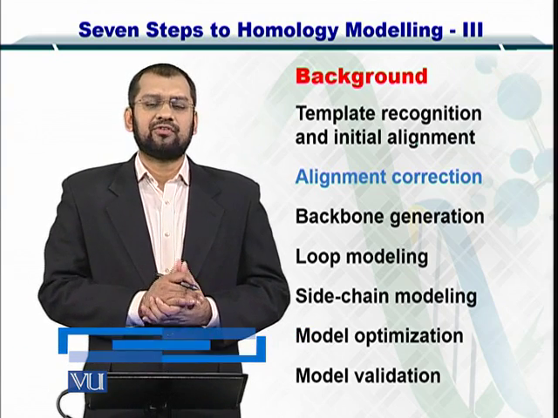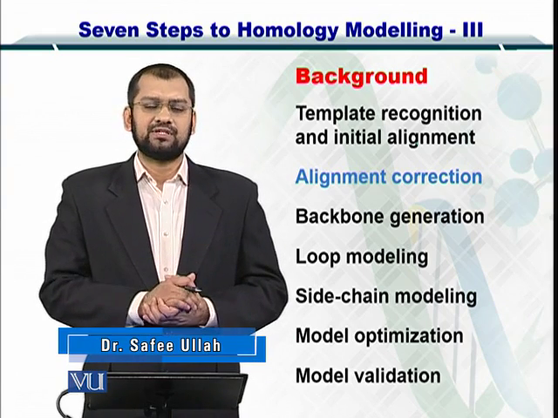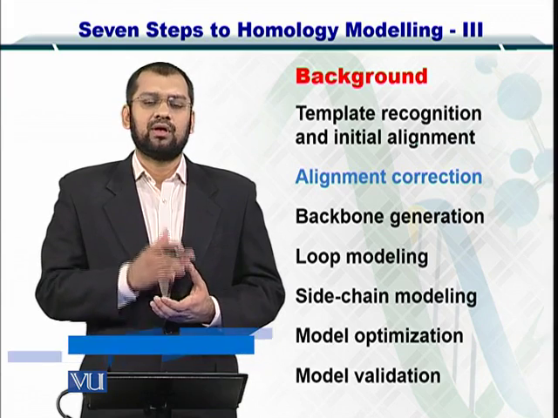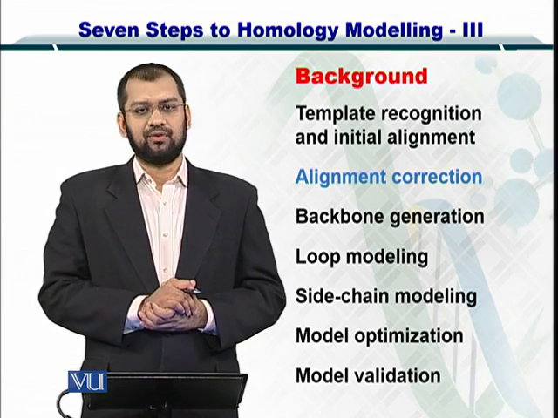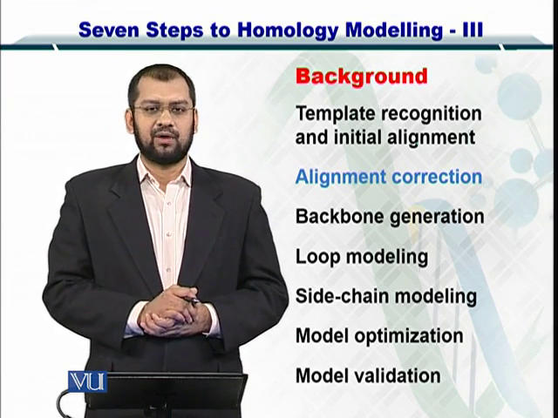This is also called the sidechain modeling. Next is the model optimization, and then once all of these steps are done, you want to validate the model, the structure that you have computed. So let's take a look at alignment correction in this module.